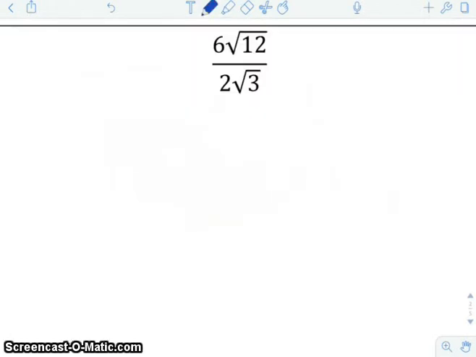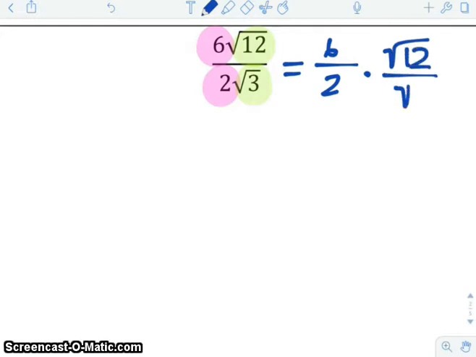Okay, in the example, we're going to divide 6 radical 12 by 2 radical 3. I'm going to divide the coefficients by the coefficient, and then I'm going to divide the radicands by the radicands. So I have 6 divided by 2, and then the square root of 12 divided by the square root of 3. Well, 6 divided by 2 is going to leave me with 3 for my coefficients, and the square root of 12 over the square root of 3.